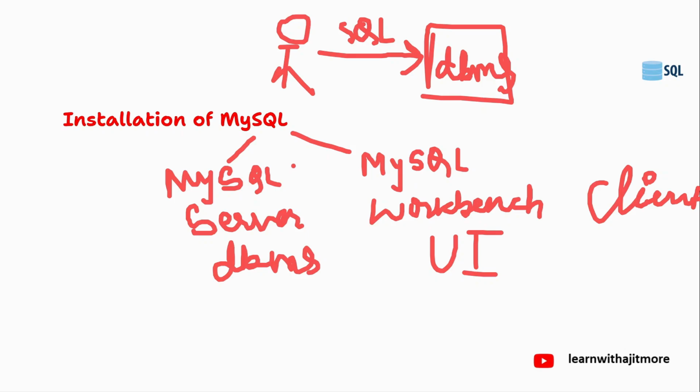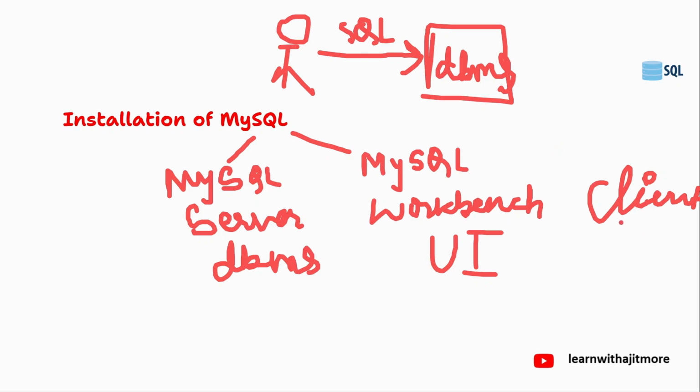And this is for every DBMS, guys. If you go to Oracle, there will be Oracle server running, and there will be Oracle SQL Plus as a UI, through which Oracle users type the command and see the result. If you go to Postgres, they also give Postgres server and one PSQL software, which acts like a client software.